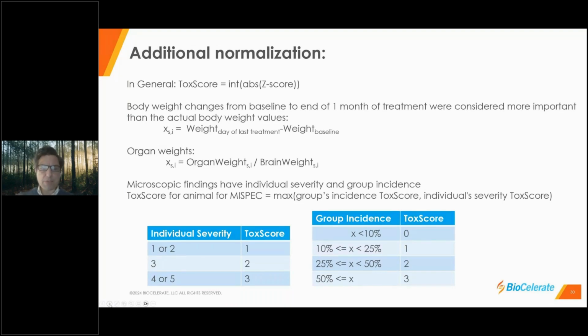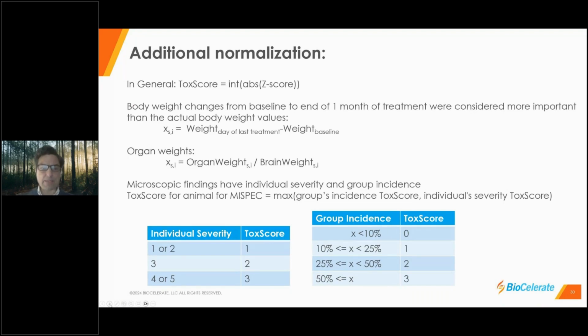For body weights, we need additional standardization because we consider that what's actually more important than the individual body weight is the change in the body weight from the last day before treatment, the baseline, up through the last day of treatment. And so we use that as the X values going into the z-score.